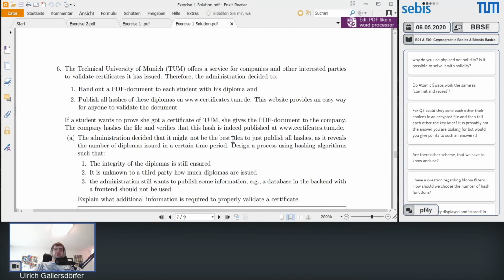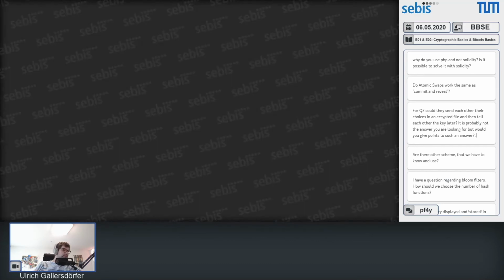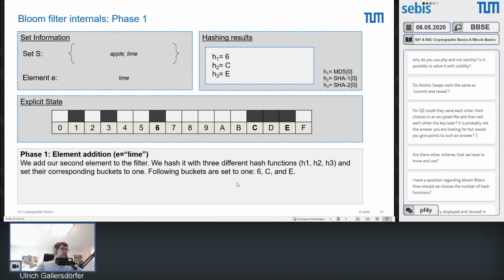But unfortunately, you need some additional information if you want to use a Merkle tree, and that is basically the membership proof. As you remember from the PowerPoint slides, let me see if I have them here. Yes, I have them here.